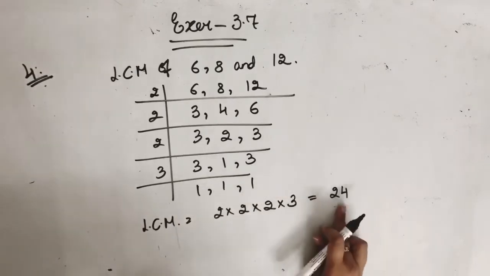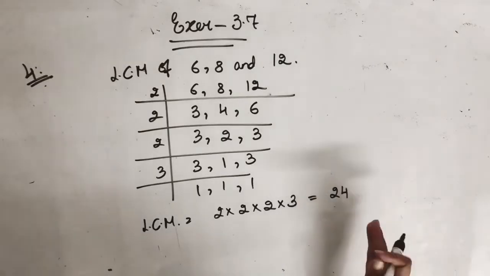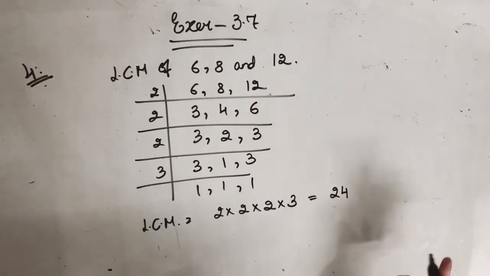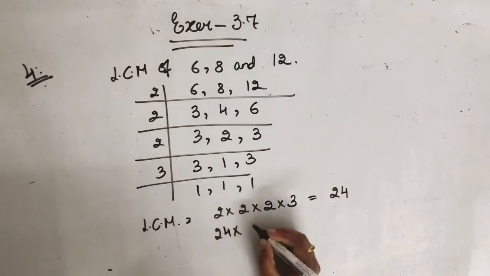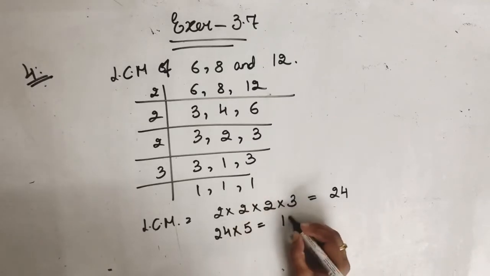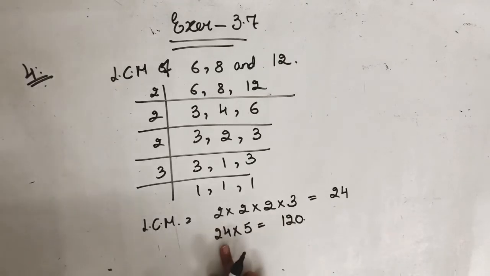So 24 into 2 is 48, 24 into 3 is 72, 24 into 4 is 96, and 24 into 5 is 120. So 120 is a multiple of 24.